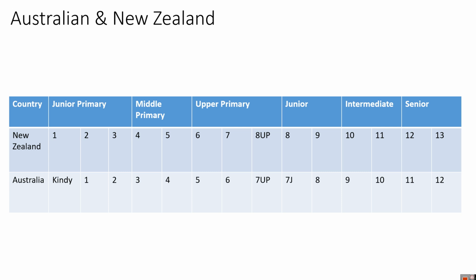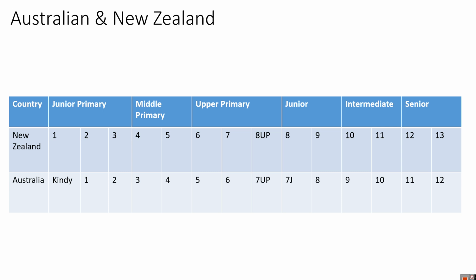Now we have the Australian and the New Zealand system, in which you have the junior primary from year 1, 2, 3, and for Australia you have Kindy 1 and 2, and then we have the middle years, which is 4 and 5, and 3 and 4 for Australia. For upper primary we have grade 6, 7, and 8 upper, and for Australia we have 5, 6, and 7 upper.